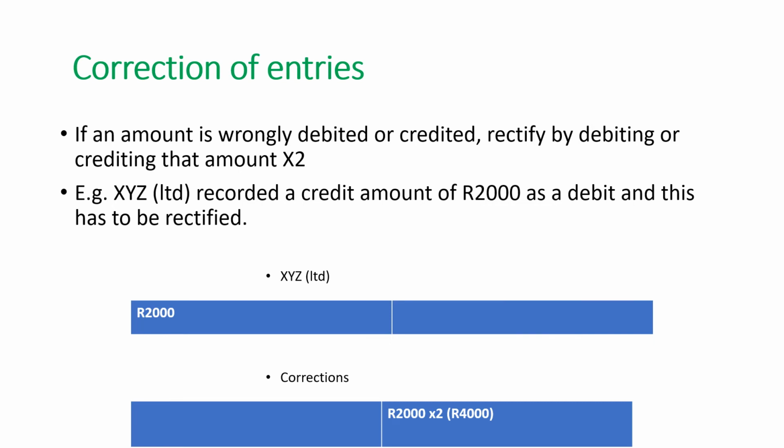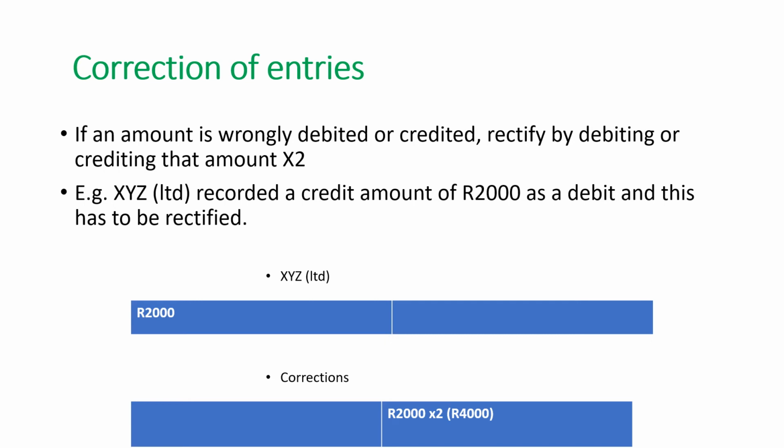A credit amount of 2,000 as a debit. So they recorded an amount of 2,000 that was supposed to be a credit balance as a debit, and we need to rectify this. So it means they recorded the amount of 2,000 as debit, but the amount was supposed to be recorded as a credit.